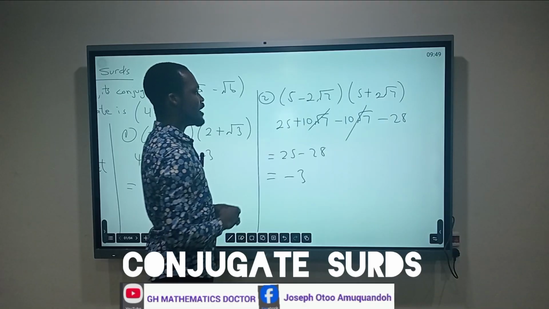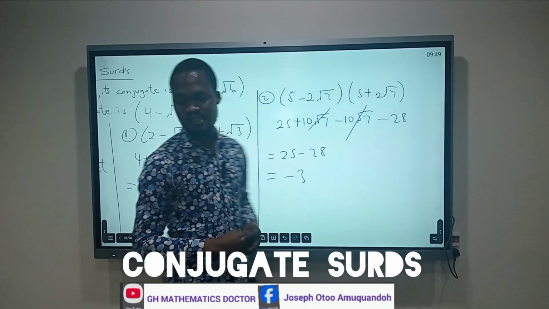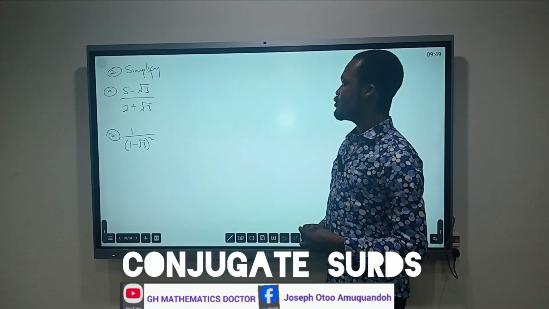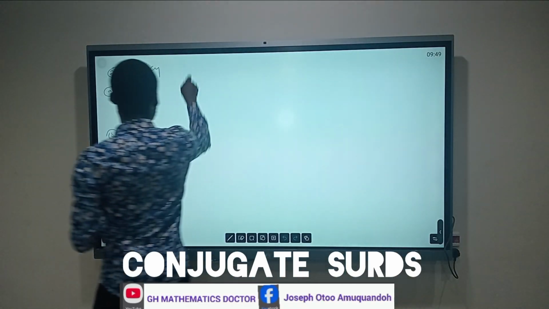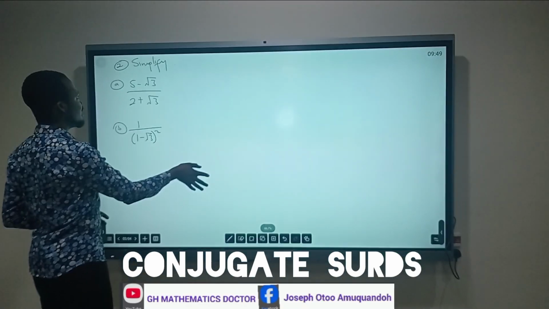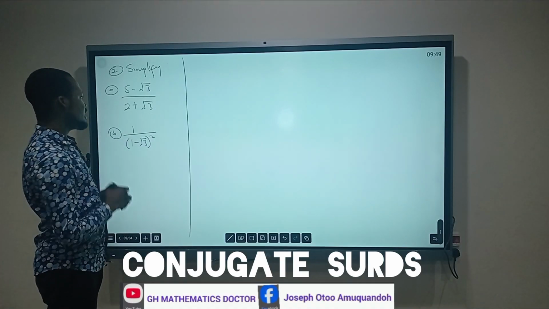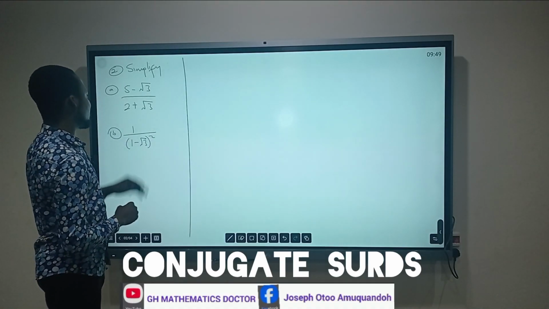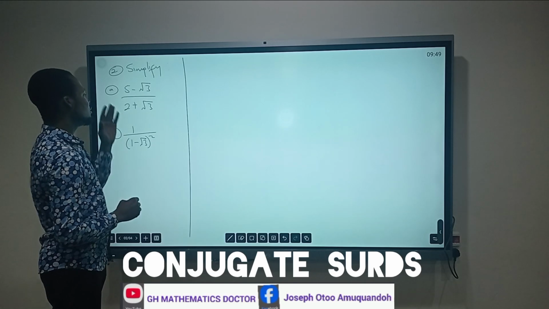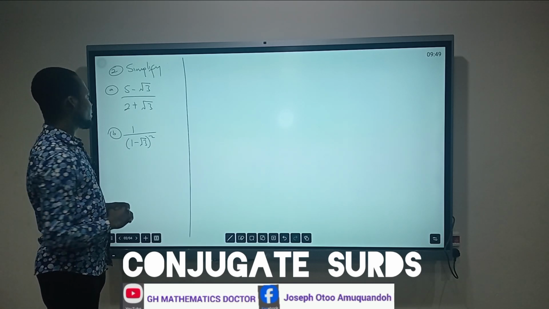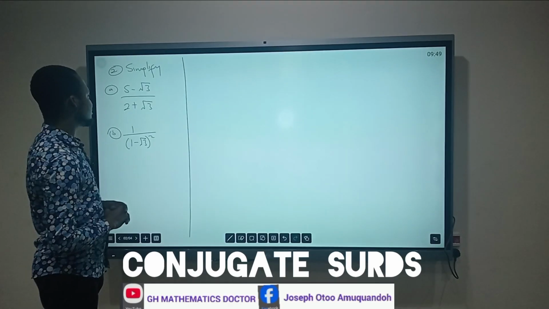So that's how we find the conjugate of any given set. Let's have more examples. You should simplify this. You can see that this is in the form of a fraction, and the denominator has 2 expressions or 2 terms. So you need to change the sign in the middle to the inverse form. It is plus, so we change it to minus.